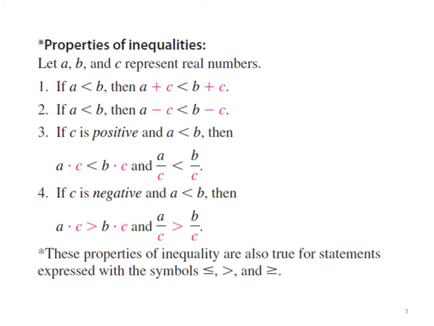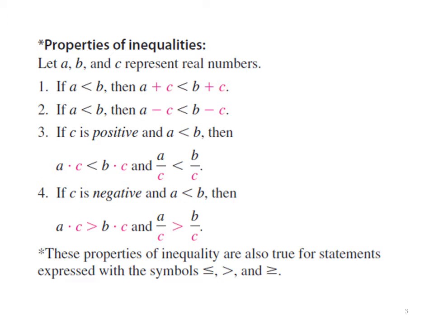So for any c, a plus c will be less than b plus c. Here c could be any real number, positive, negative or 0. Of course, you can add or subtract the same number from both sides, and the direction of the inequality does not change.